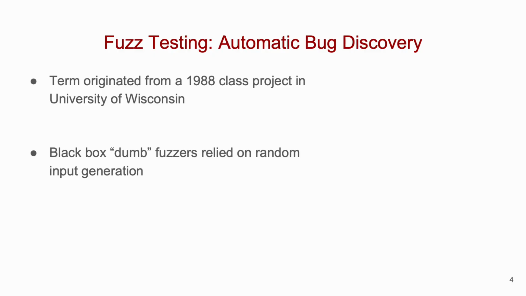In the 1990s, fuzzing mainly involved random input generation without understanding program structure. While primitive, these early dumb black box fuzzers were surprisingly effective at uncovering crashes, buffer overflows, and input validation bugs.